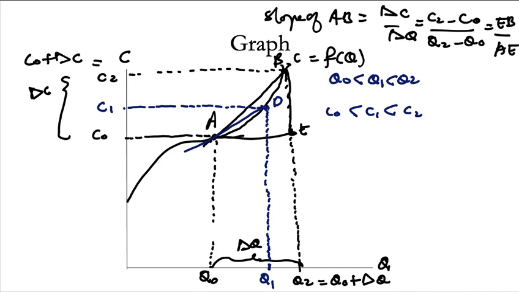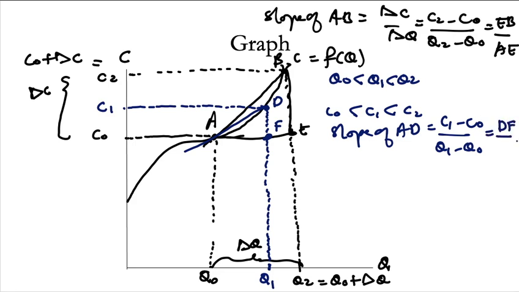Okay, so line AD. So here, slope of AD is actually C1 minus C0 over Q1 minus Q0. Another way to write it is, let's say this point F, then we can have DF over AF, isn't it?